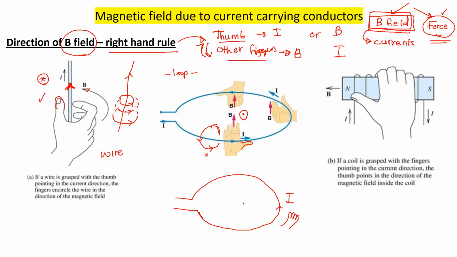I'm bending them along the direction of current. And my thumb is now pointing upwards. So it shows the direction of the B field inside the loop. So inside the loop, if it's coming outside, it should go in, right? Because B field is like in circles here.